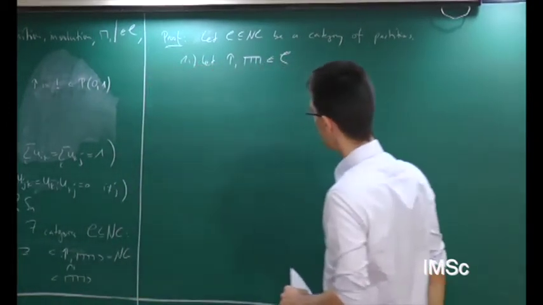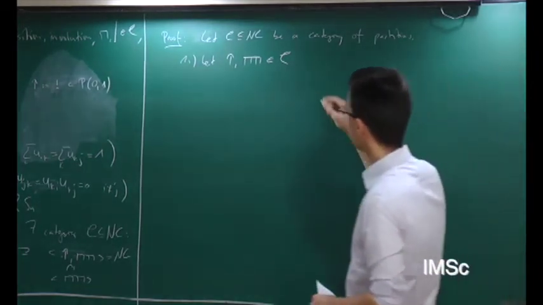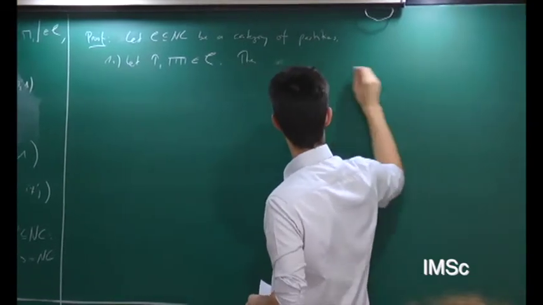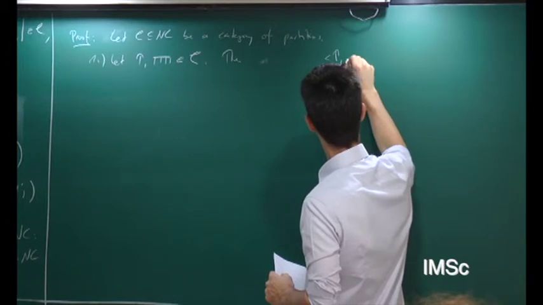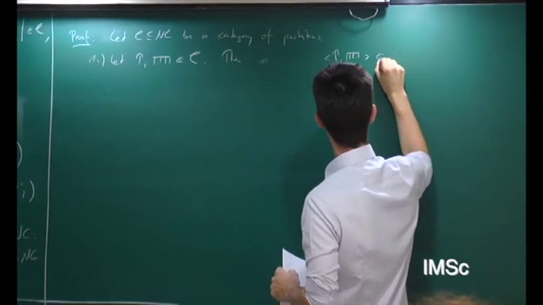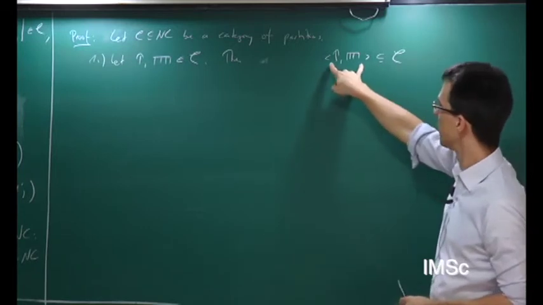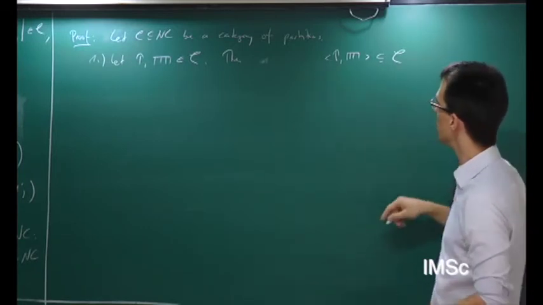Namely, I assume, for instance, that these 2 partitions are in my category. Then, of course, also the smallest category generated by these 2 guys is in C. Okay, this is the definition of writing it like this. It's the smallest category containing these 2 things.